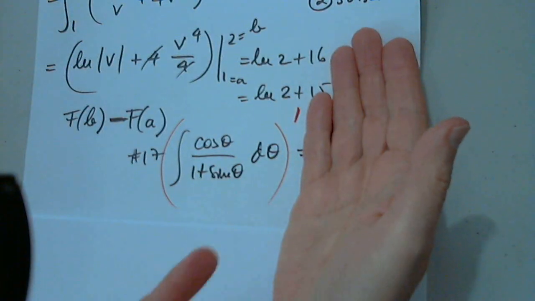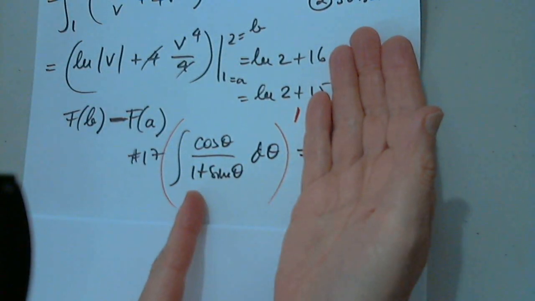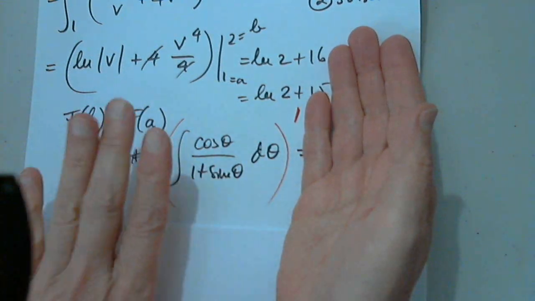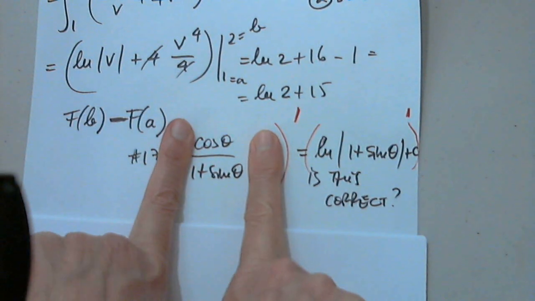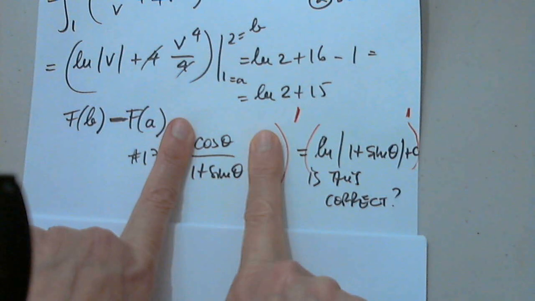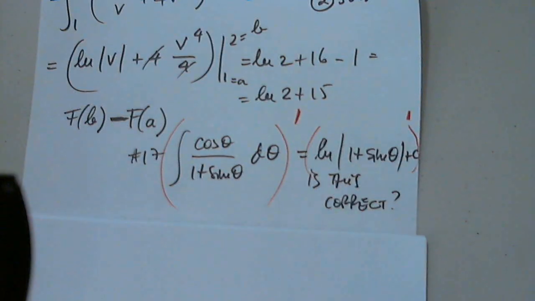So when I differentiate this side, we already discussed this: when we differentiate an integral, these go away. So the left-hand side is cosine theta over 1 plus sine theta. Done, and nothing else.